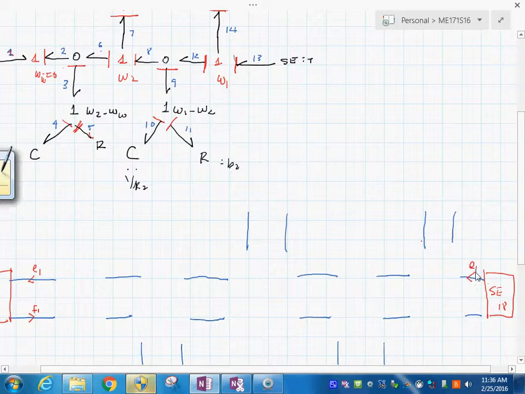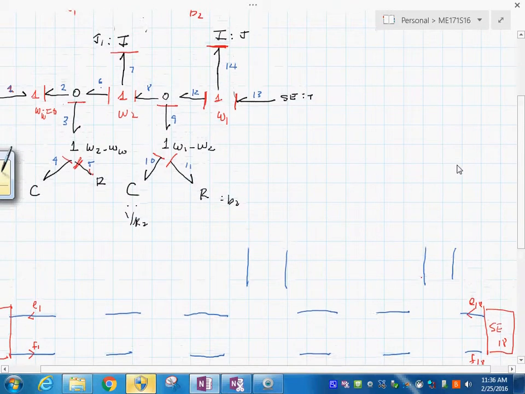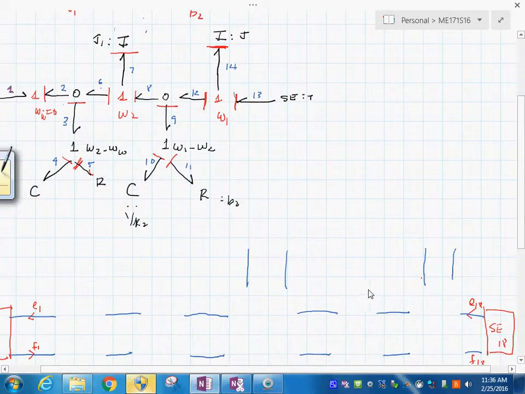I could go over here to the E sub 7, and this is F sub 7. Do you see how the effort goes in like this, gets integrated once, and then gets multiplied by 1 over I sub 7, and it comes out like this?